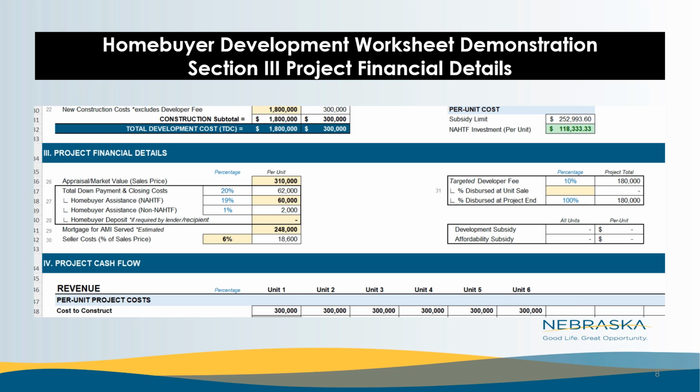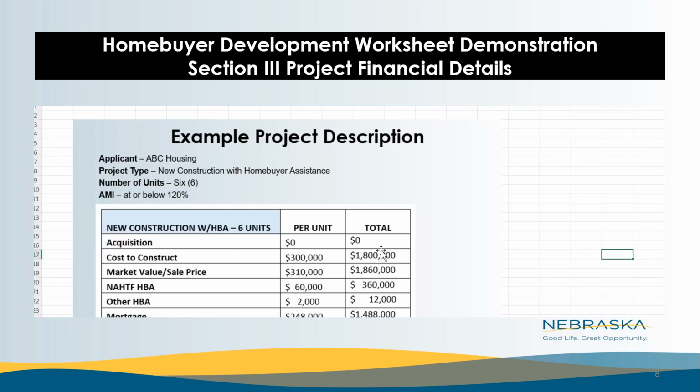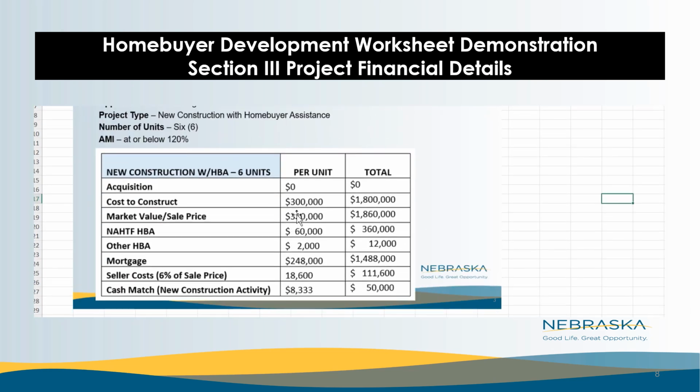Now we're taking a look at Section 3, project financial details. On line 26, you can see this is for the appraisal market value or sales price, and we explained earlier how it's important to set the sales price at the market value. Here, the $310,000, which was a part of our project summary, if you recall, is the sale price that we were figuring on.